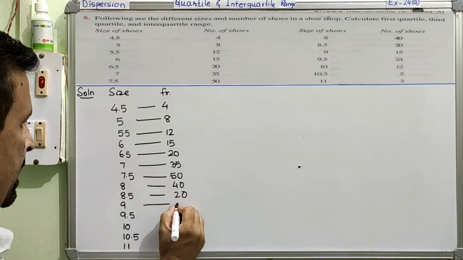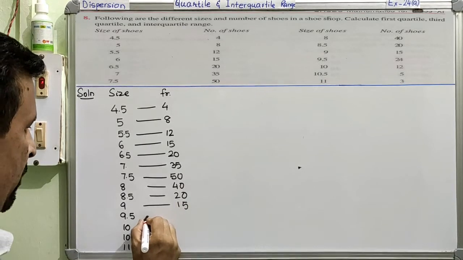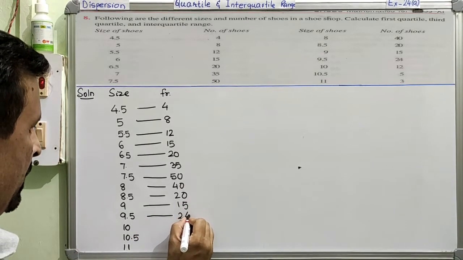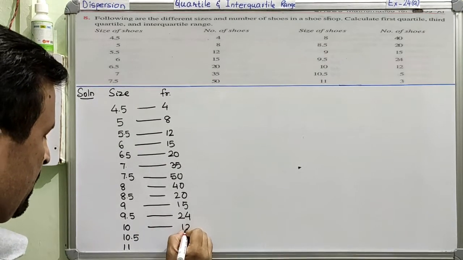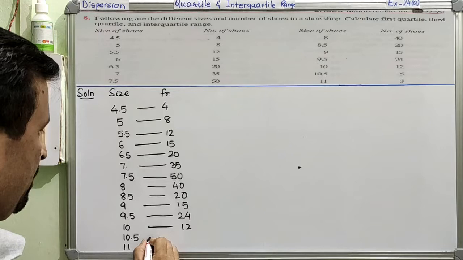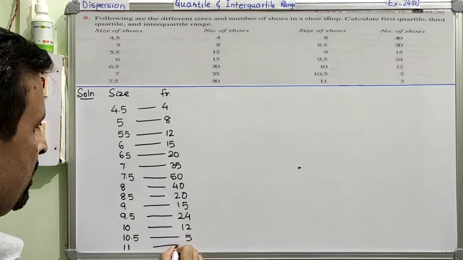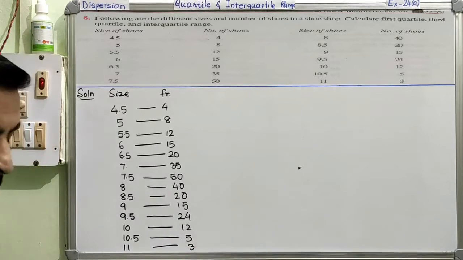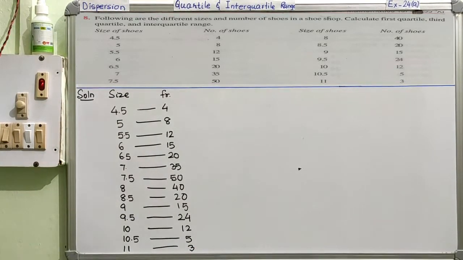Next is then 15. Then next is 24. Then next is 12. Then next is 5. And the last one is 3. So we have completed the question. This is just the question completed.